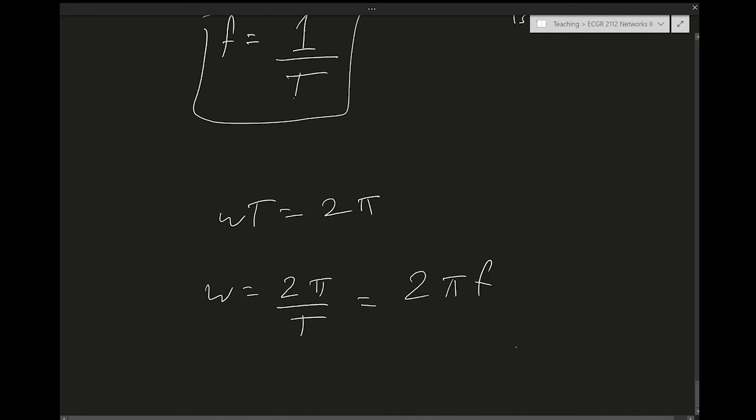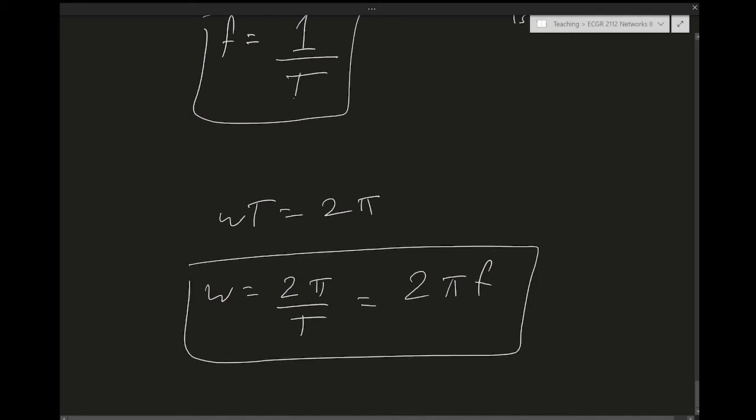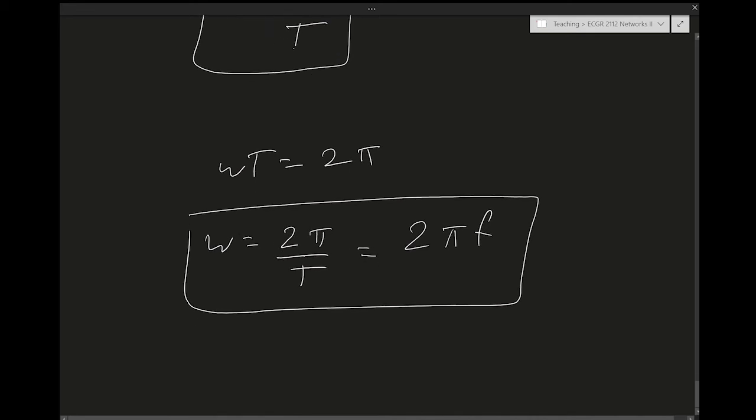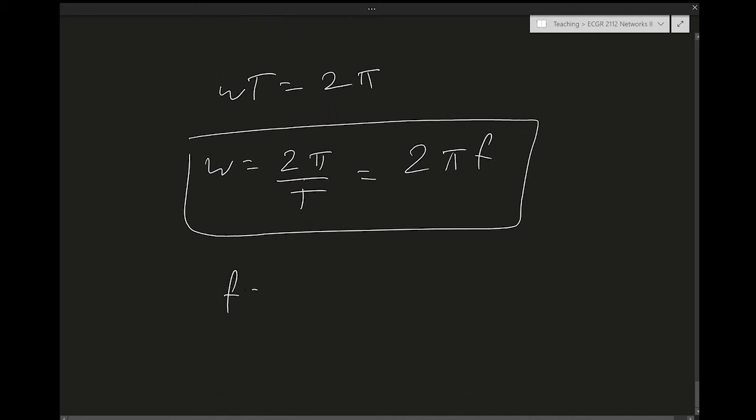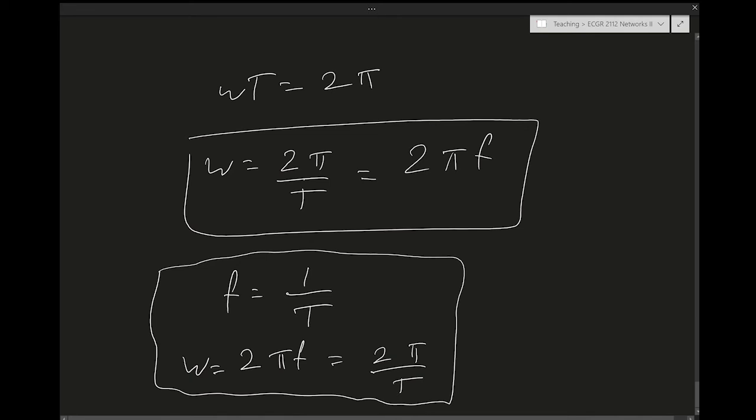And this is the general relationship between the frequency in hertz, the angular frequency in radians per second, and the period. Okay, so just to summarize, f equals 1 over T, omega equals 2 pi f, or omega equals 2 pi over T. Very basic properties of sinusoids.